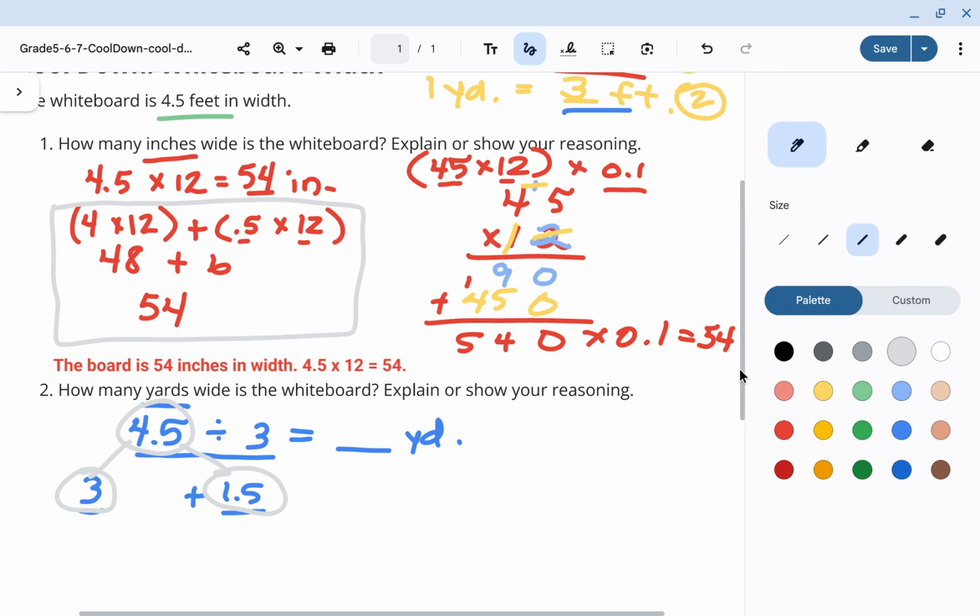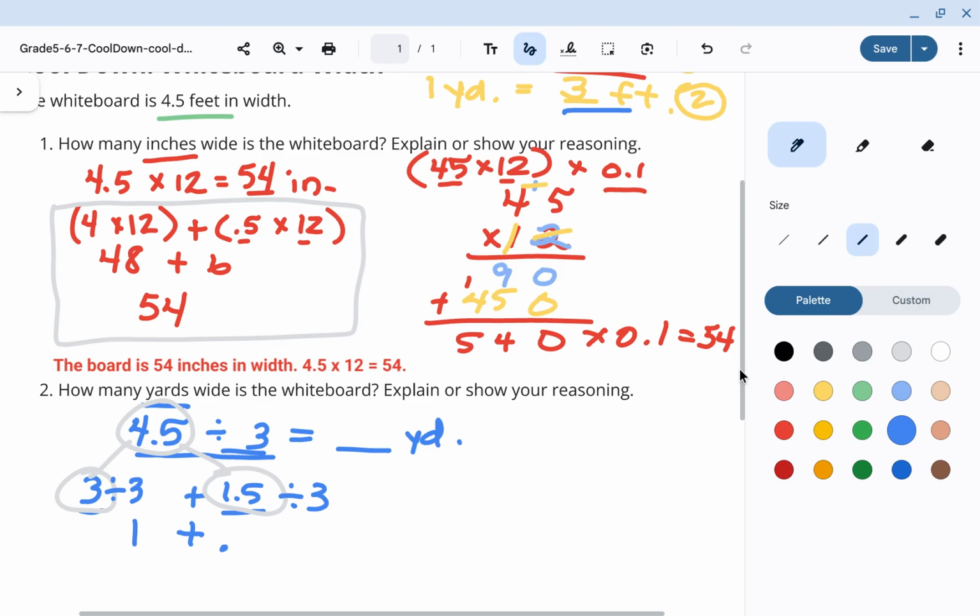Now the reason I like to do that at this moment is because both of those, with mental math, I can divide by 3 and get to my answer. This is a great way to divide with decimals when you have friendly problems like this. 3 divided by 3 is 1. Now, if I have 1 1/2 and I break 1 1/2 into 3 groups, that's 3 halves, because a half and another half and another half is 1 1/2.